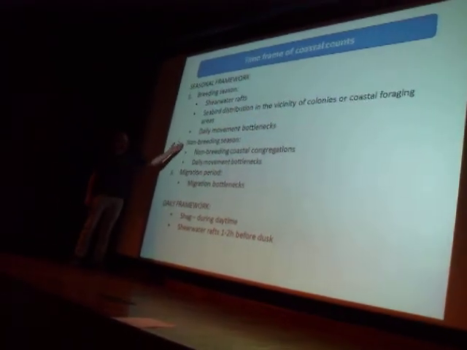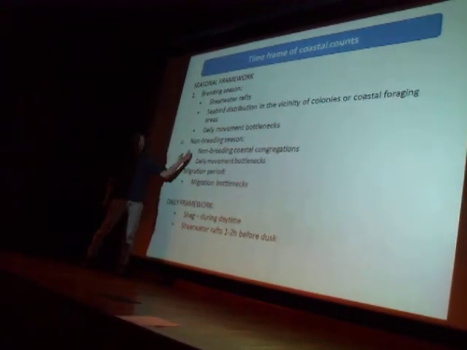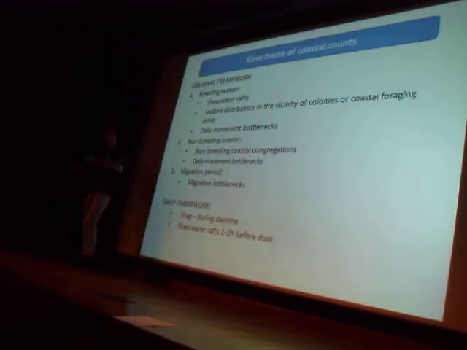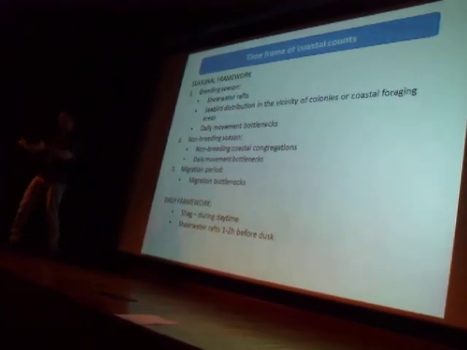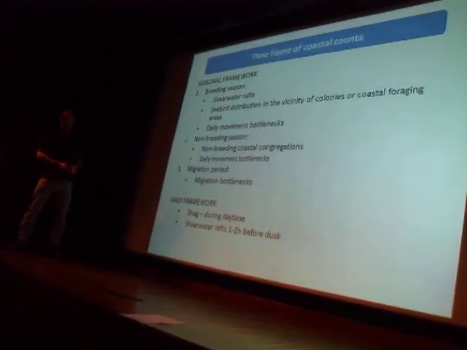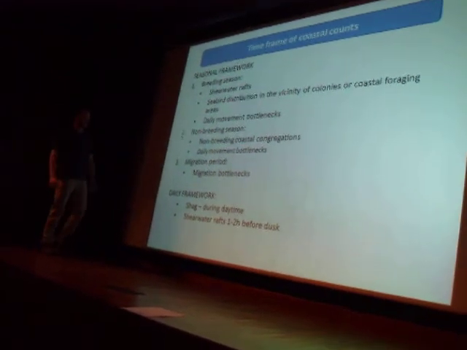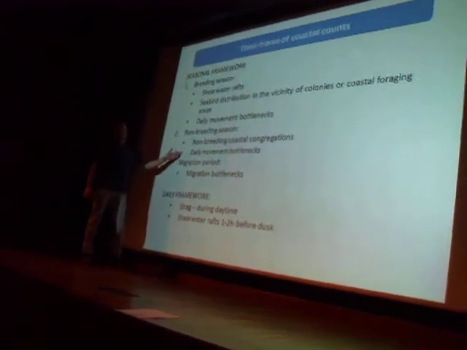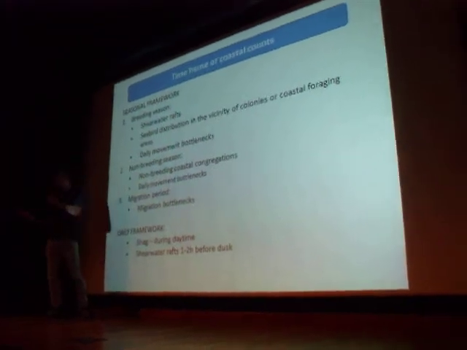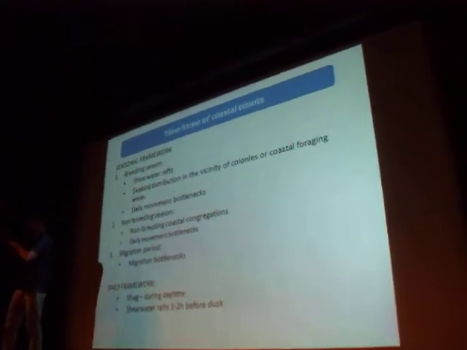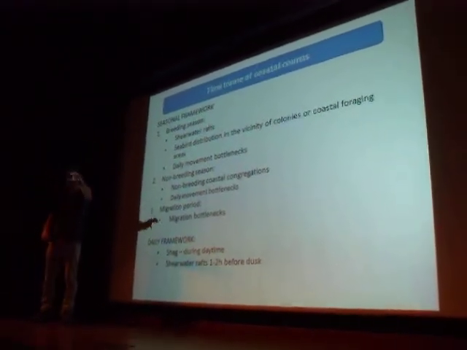Then, during non-breeding season, you may have coastal congregations which are using adjacent waters for feeding. Again, this could be done with coastal counts. And again, there might be daily movements from where they're roosting to where they're feeding.